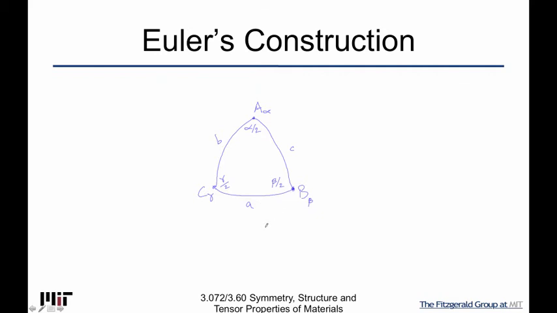Because that's really what we're after, right? We might say, for example, I want to have a twofold axis. Twofold axis means that alpha would be 180, right? Which means that this would be 90 degrees. And then let's suppose that I had a twofold axis here, which means that this would be 90 degrees, right?